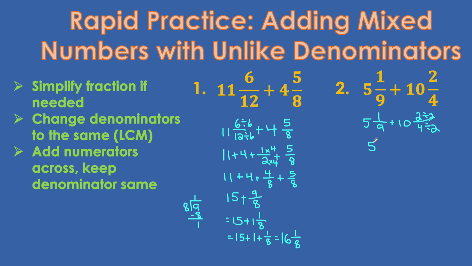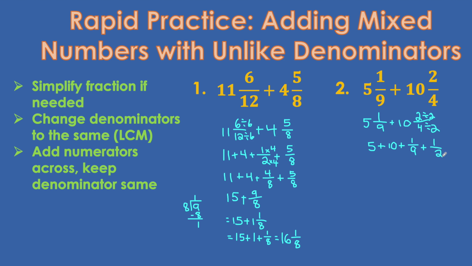Five, and we can just separate the whole numbers from the fractions. So it would be 5 plus 10 plus 1/9 plus, then let's evaluate this fraction. 2 divided by 2 is 1. 4 divided by 2 is 2.